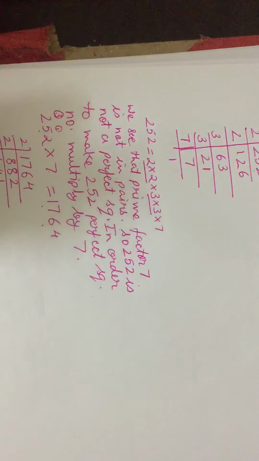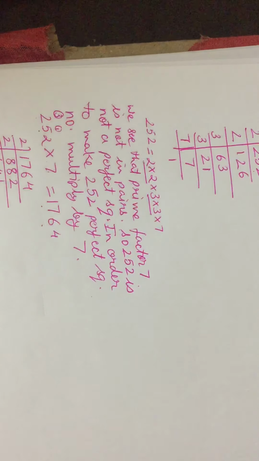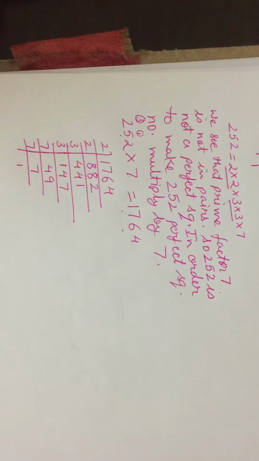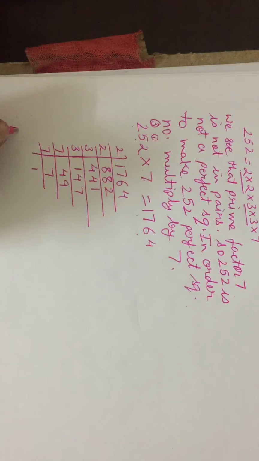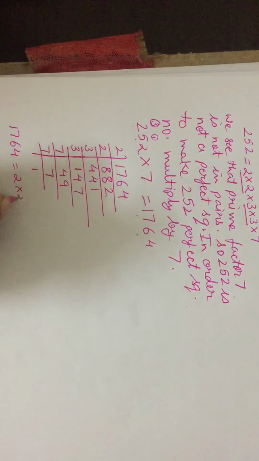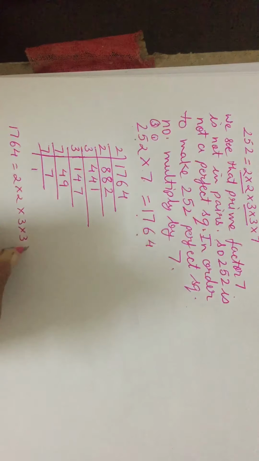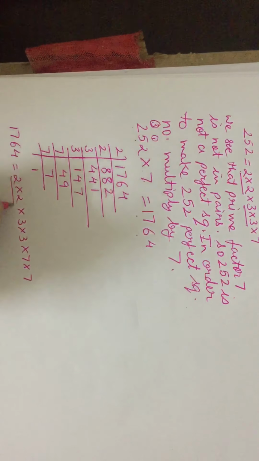Again by 3. 3 fours are 12, 3 threes are 9, and 7 sevens are 49, 7 ones are 7. So what are the factors of 1764, children? 2 multiplied by 2 multiplied by 3 multiplied by 3 multiplied by 7 multiplied by 7.